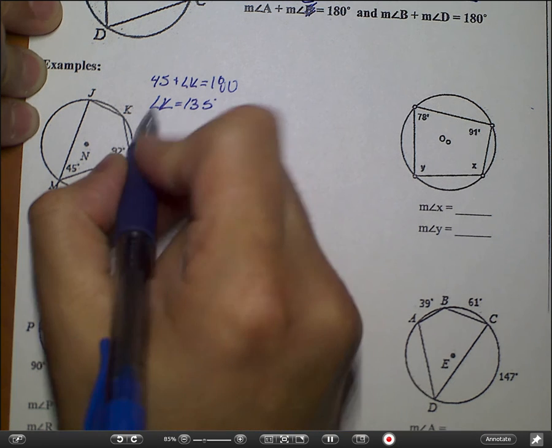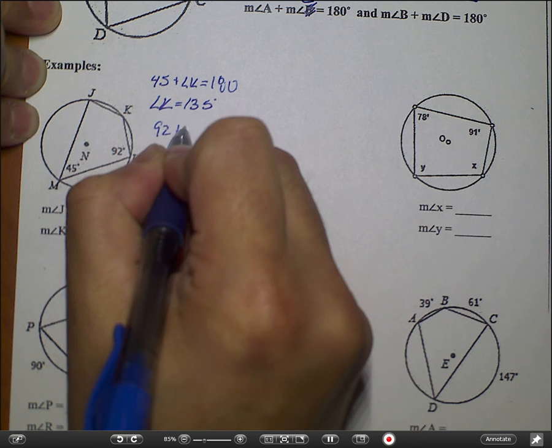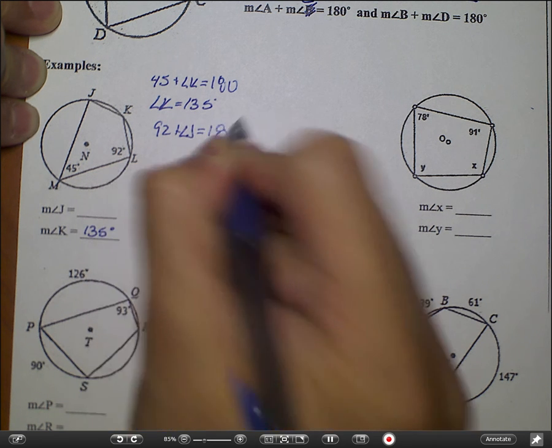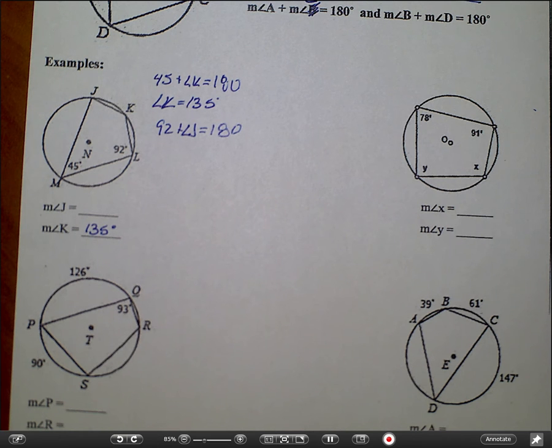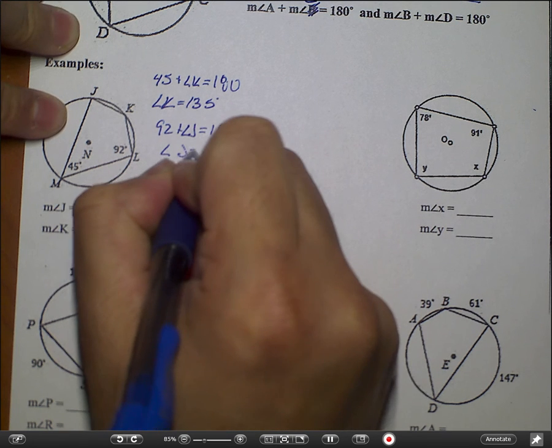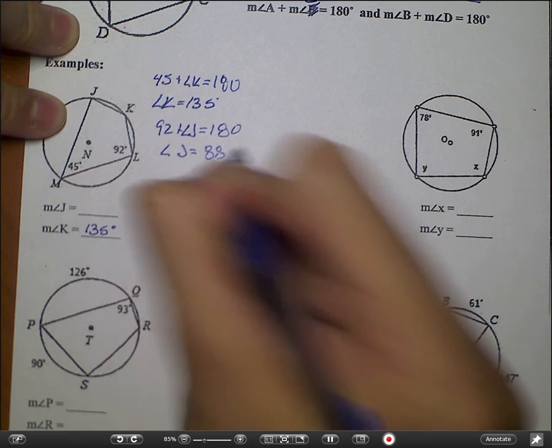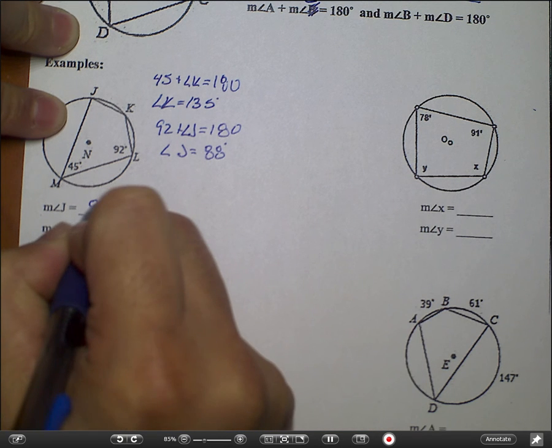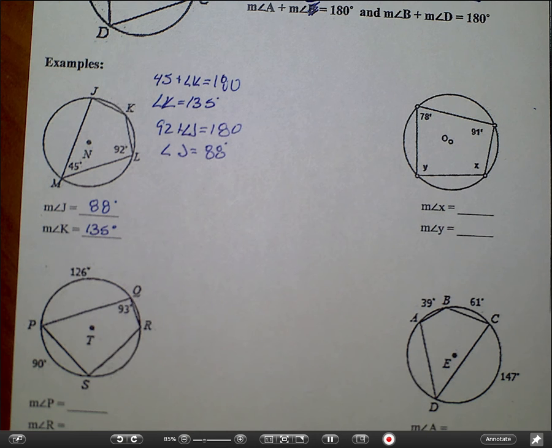J. So I'm going to say that 92 plus angle J equals 180. Subtract 92 from both sides. 88. That's pretty easy, isn't it?